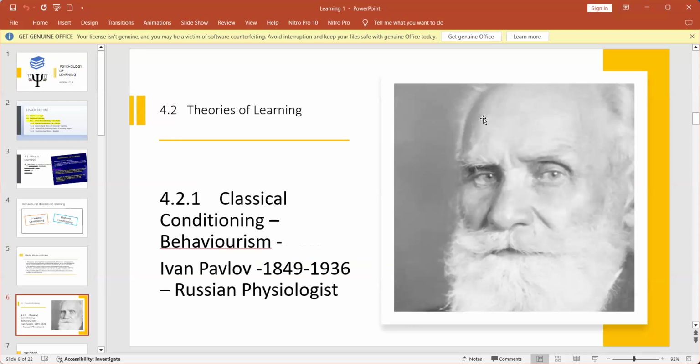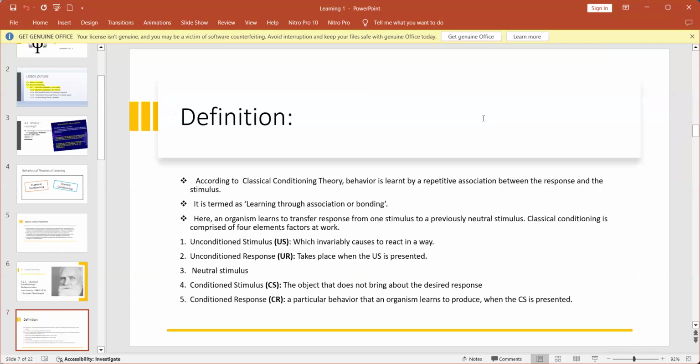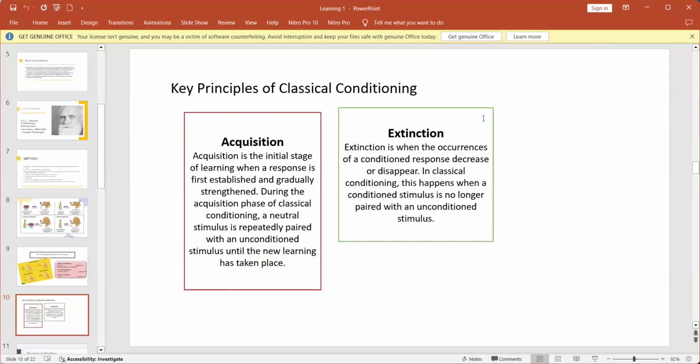Unconditioned stimulus, unconditioned response, neutral stimulus, then conditioned stimulus and conditioned response. So how a neutral stimulus is associated with the unconditioned stimulus, the naturally occurring stimulus, in order to bring about new learning, the conditioned stimulus, which is termed as acquisition. That is what we discussed in classical conditioning.